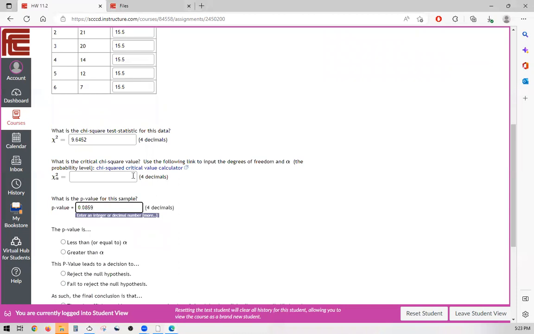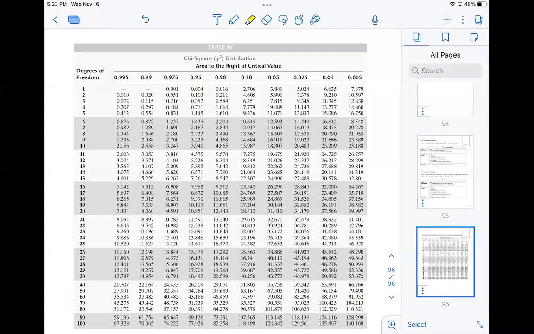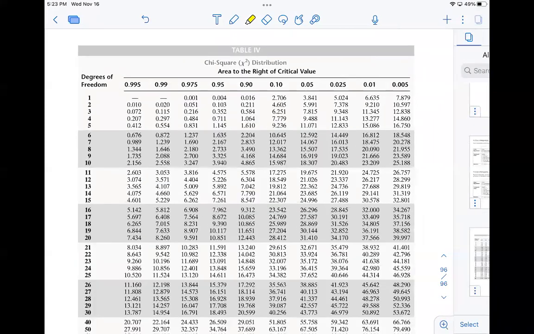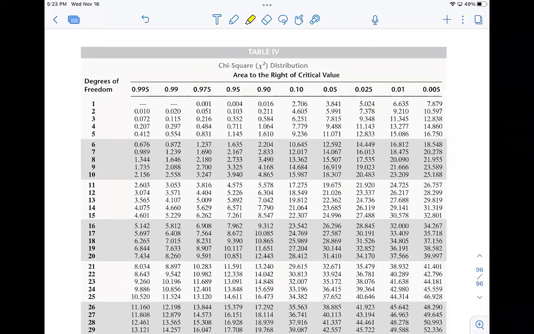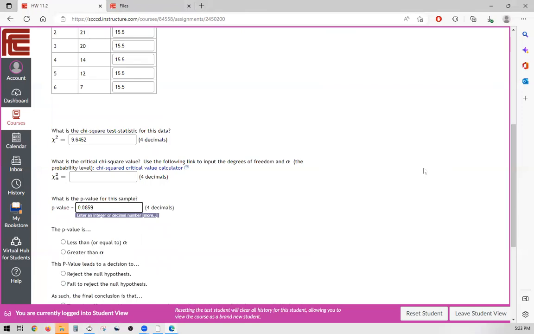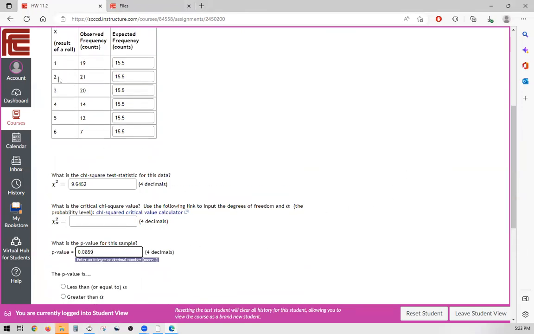Let's go back to our table here. What we need is the area to the right, which is what alpha is, and then the degrees of freedom. For this problem, the degrees of freedom is 5, because it's 6 minus 1.